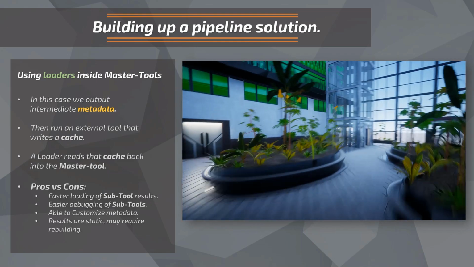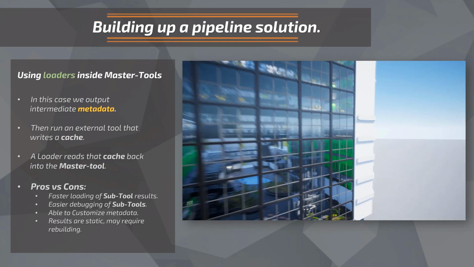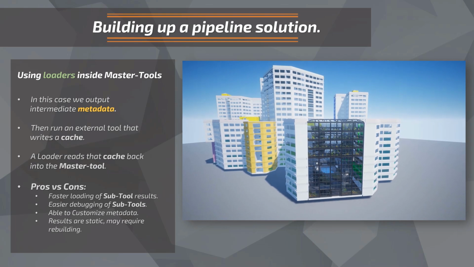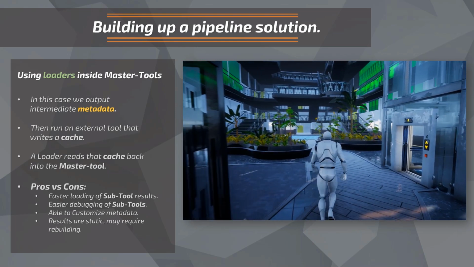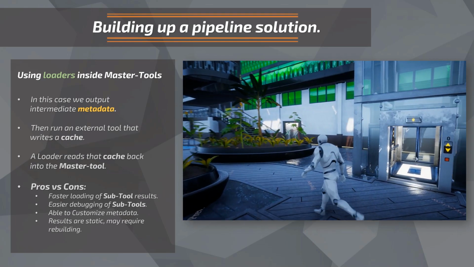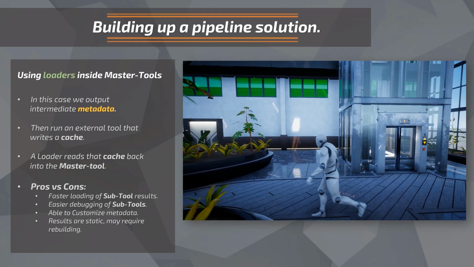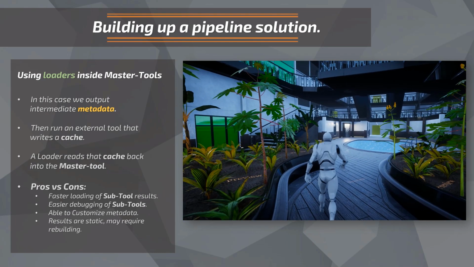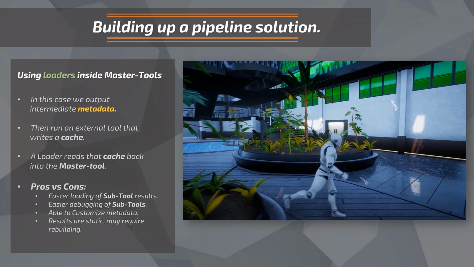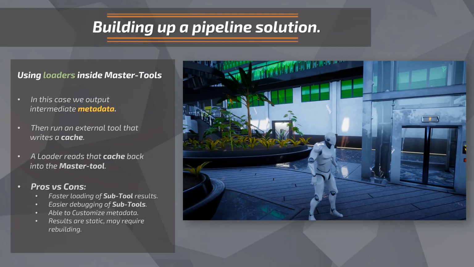Now the benefit, of course, for this is that loading it is much faster and it allows for more manual work. You can also debug the results of your subtools this way, because you don't rely on the main process, say the larger tool, to cook out all the data. So you have a much more responsive and more predictable set of data.